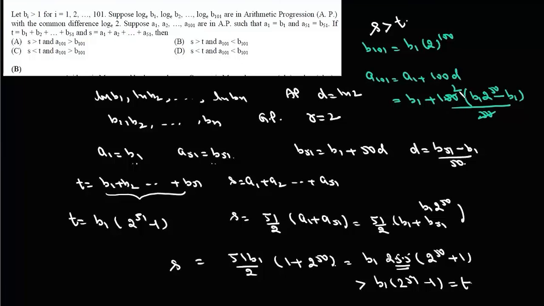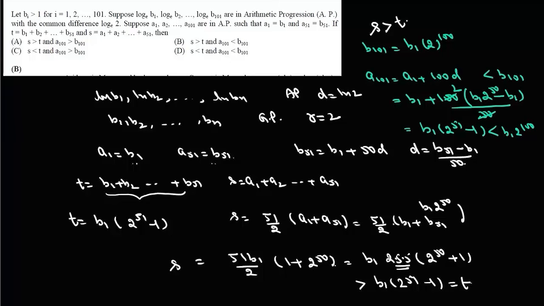Now this is 2, so it is B1 to the power 51 minus 1, which is less than B1 to the power 100. So A101 is less than B101.